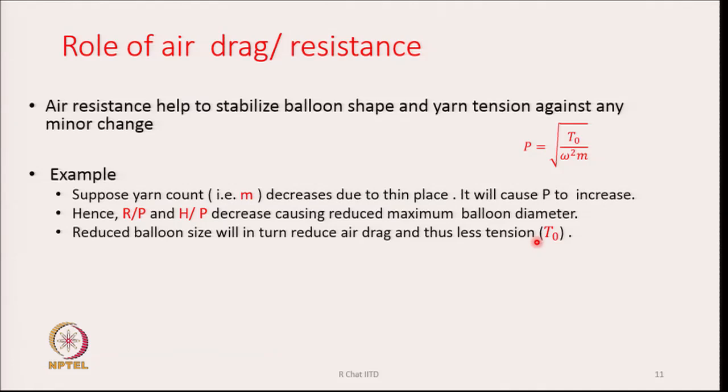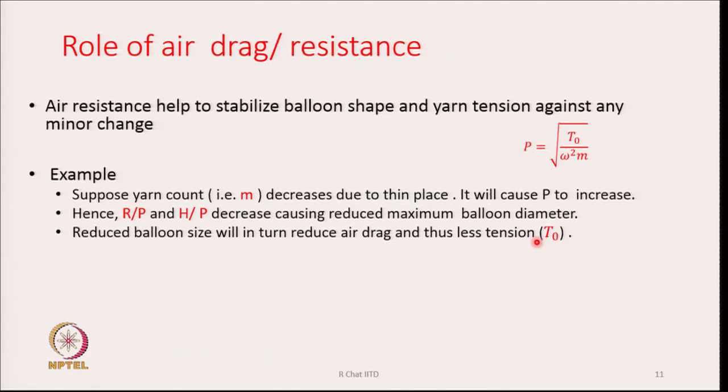The drag, when the balloon is rotating in the medium of air, depends on the length of yarn which is there in the balloon. If the balloon is larger in diameter, that basically means more yarn is there from the ring to the lappet, or if I go for a longer balloon length, then also there will be more yarn in between the lappet guide and the ring.